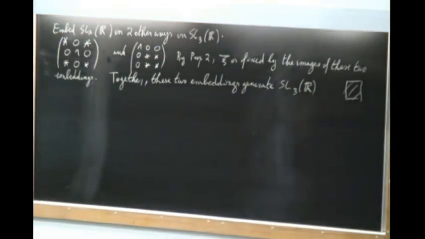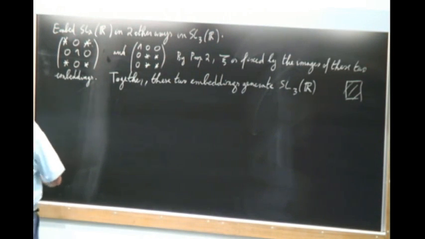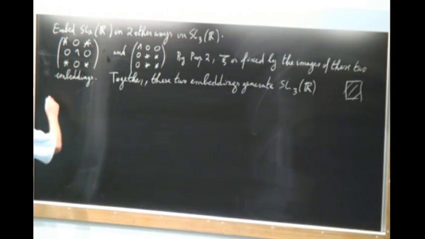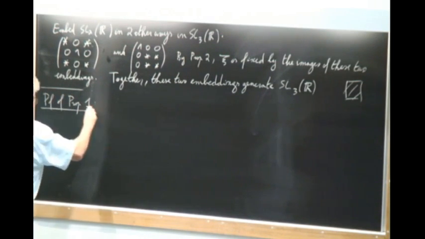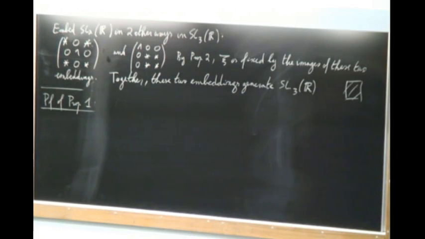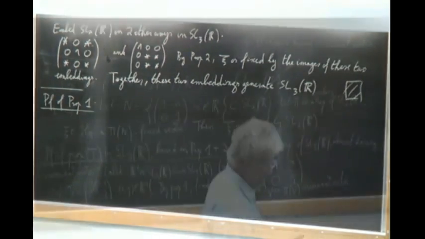And so we are left to prove these two propositions. Let me do that. Proof of proposition 1. Property T has been around since 1967, and there have been many improvements, many new proofs.